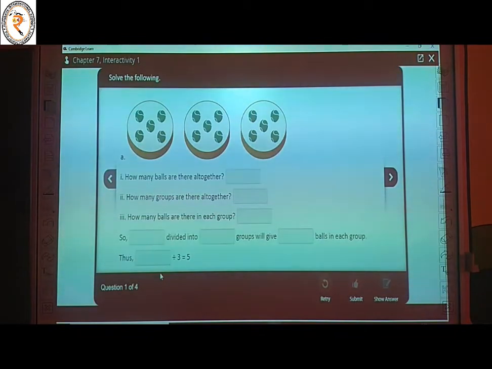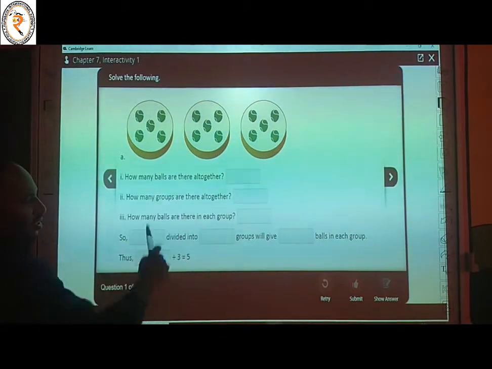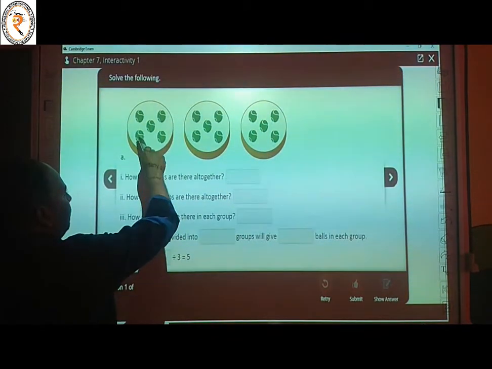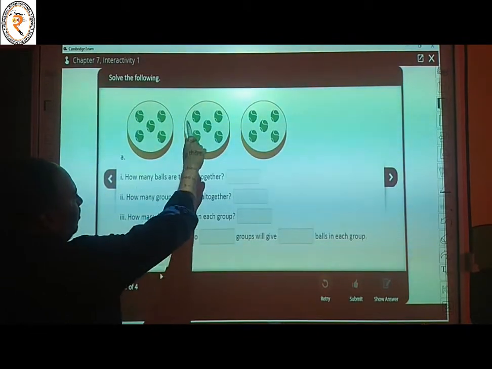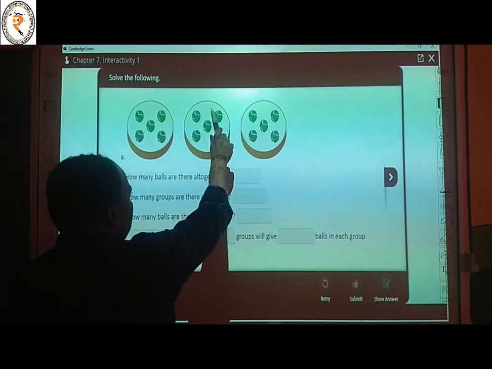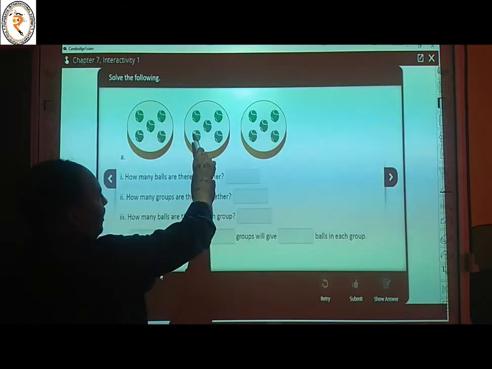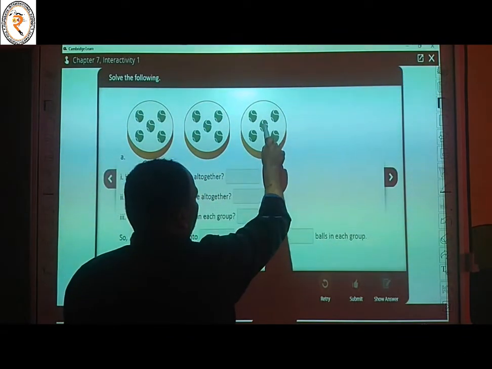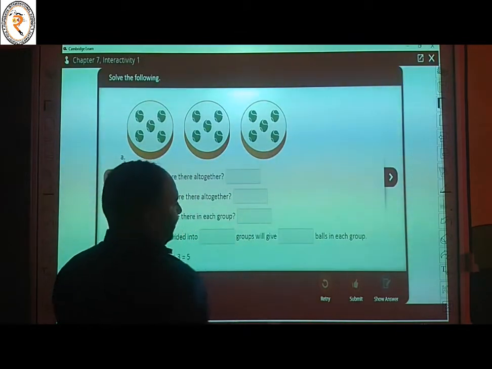That means we add. How many balls are there altogether? 1, 2, 3, 4, 5, 6, 7, 8, 9, 10, 11, 12, 13, 14, 15.